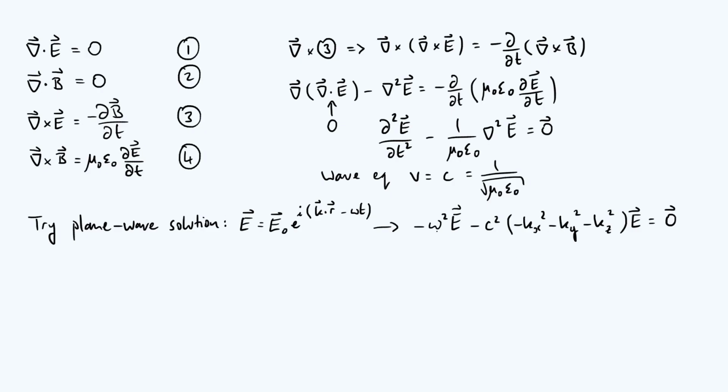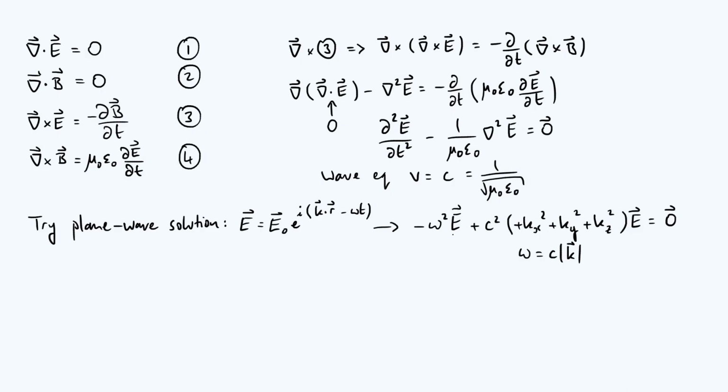Now, we may as well change all of these to positive signs, because we've got a double minus. And the conclusion is, because both of these terms are proportional to the electric field, this thing here has to be equal to all of this if we want to get the zero vector. And we conclude that omega itself has to be c times the modulus of the wave vector k.